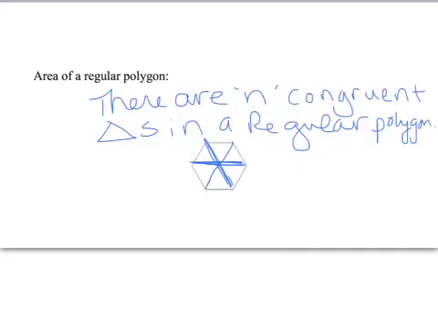Okay, and so we know that if we can find the area of one of these and then multiply it by n, we can find the area of the entire polygon.